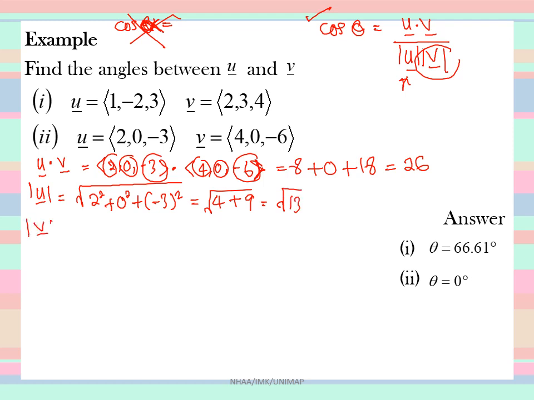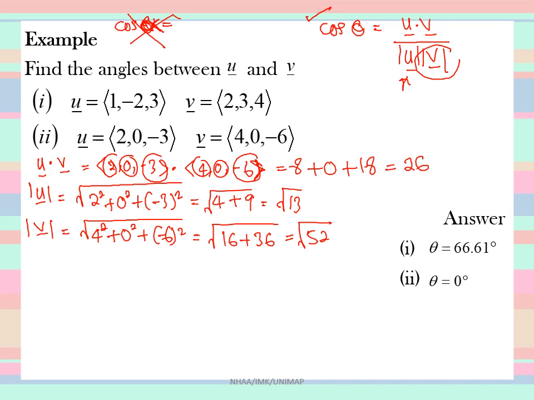Okay, so v is 4 squared plus 0 squared plus minus 6 squared, that is 16 plus 36. Okay, this is 52. Square root of 52.